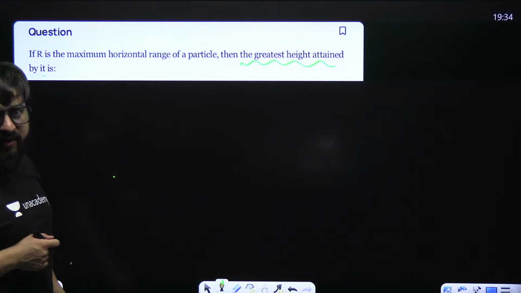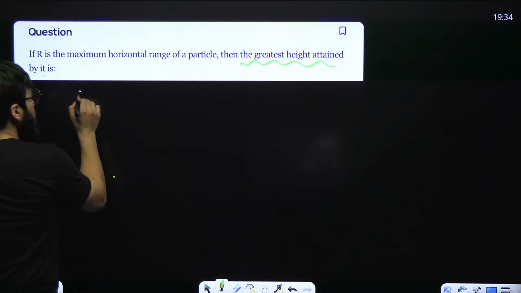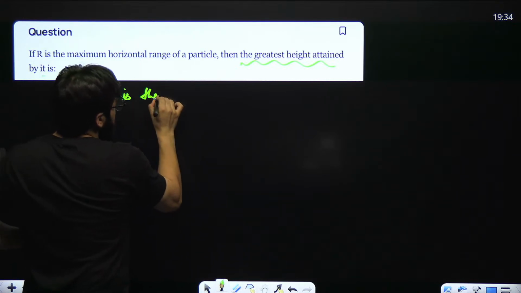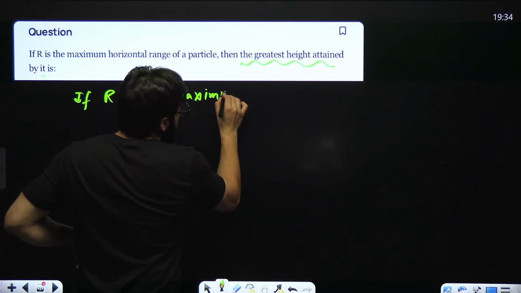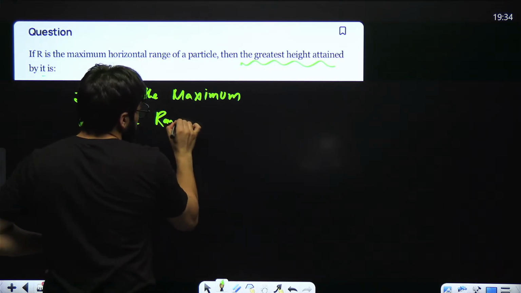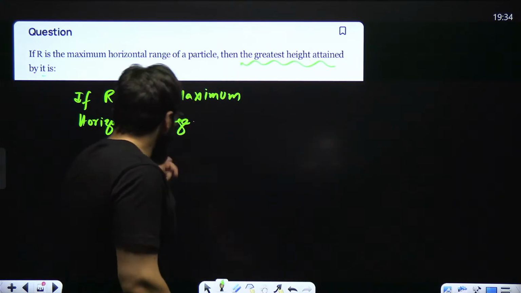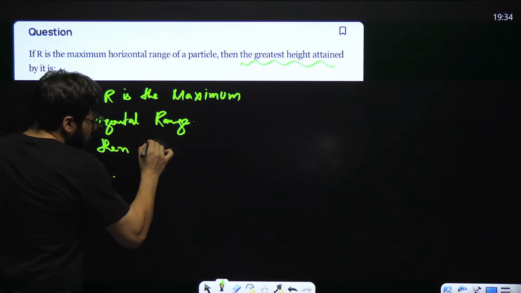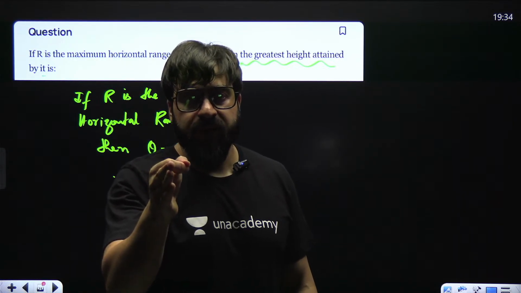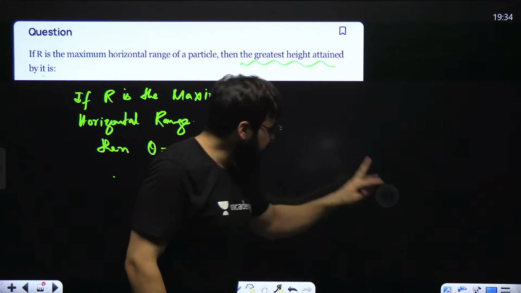See guys, it says that if R is the maximum horizontal range, then we can say theta is equal to 45 degrees, because maximum range is only possible when theta is equal to 45 degrees. Okay. Now, we are supposed to find what is the greatest height.